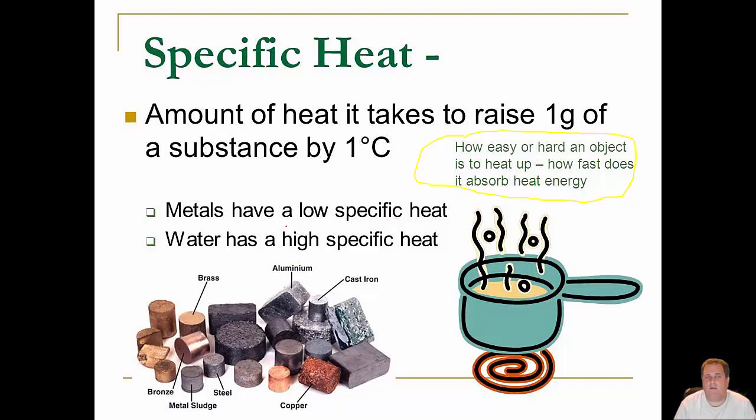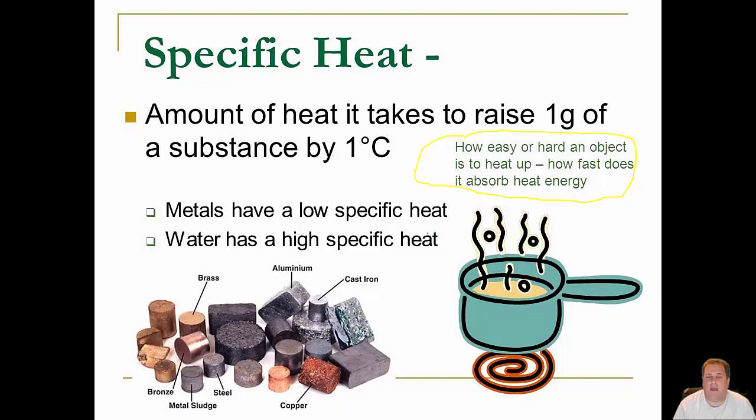Something with a low specific heat, like metals, is going to change temperature very quickly, because it doesn't take a lot of heat to put in or take out to get a big temperature change. So if I take an empty aluminum pan out of the oven, it's going to cool down really quickly.